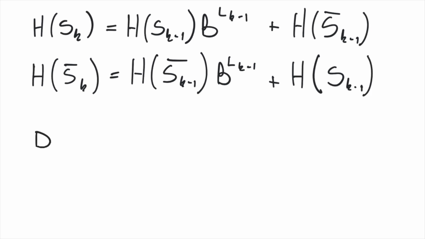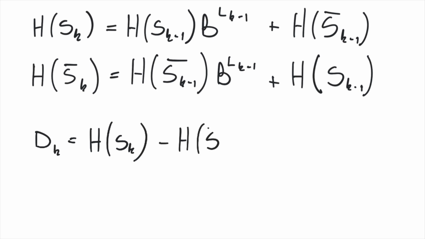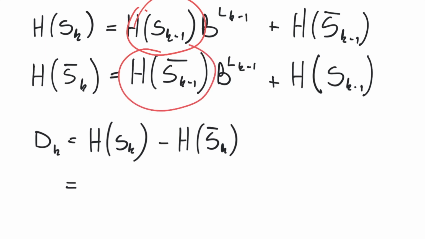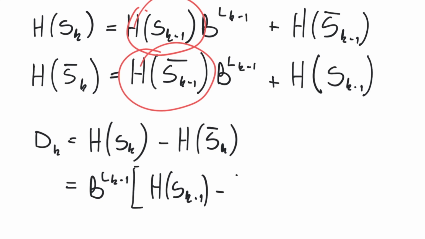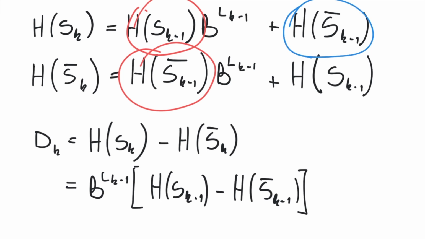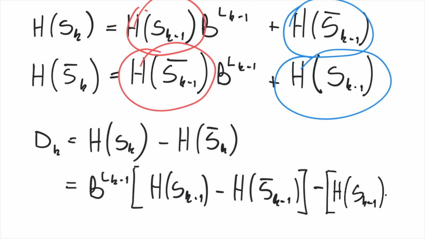So if you define delta as the difference between these hashes, so h(s_k) minus h(s̄_k), then this is simply this term and this term times the base to the power l_{k-1}, so h(s_{k-1}) minus h(s̄_{k-1}), and then you have this term and this term, which give you minus, again, h(s_{k-1}) minus h(s̄_{k-1}).